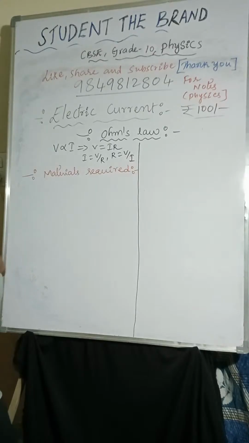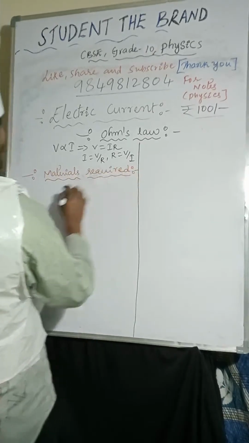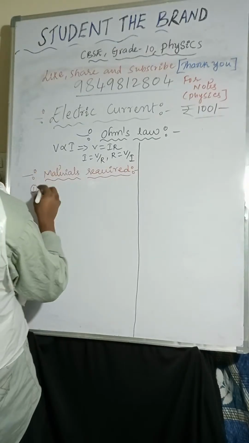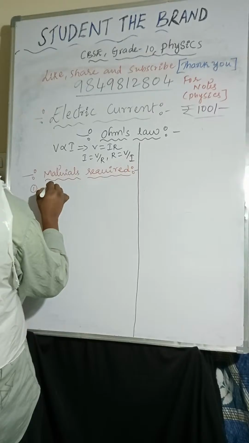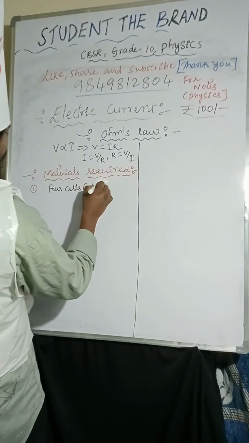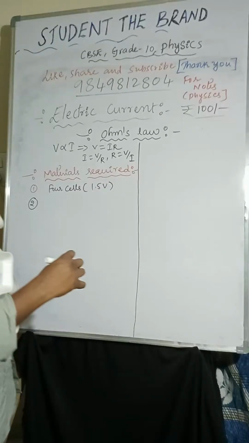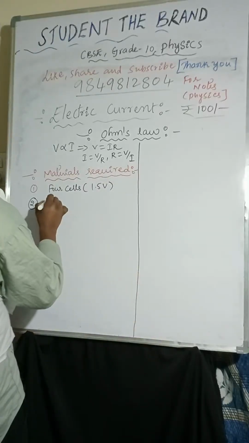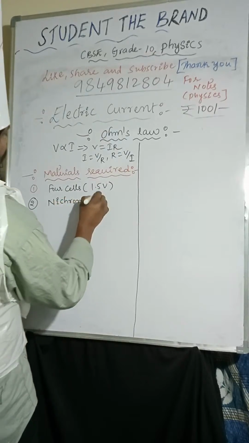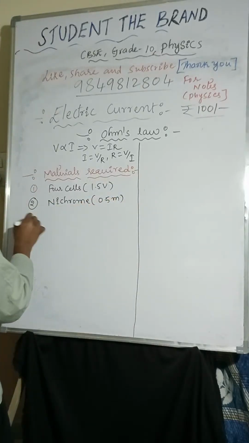First one, you can observe 4 cells, 1.5 volts each. And the second one, nichrome wire, which is an alloy of nickel, chromium, manganese and iron metals.